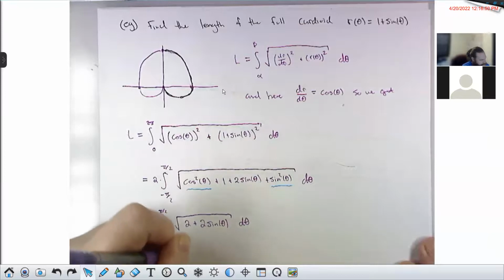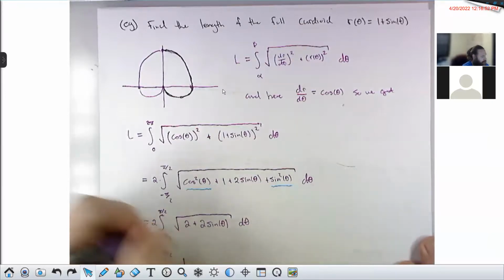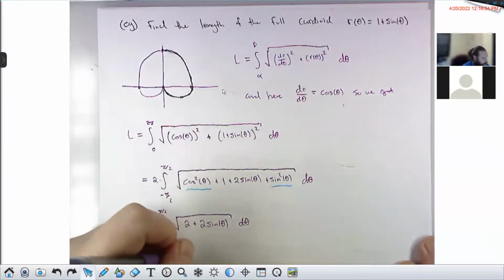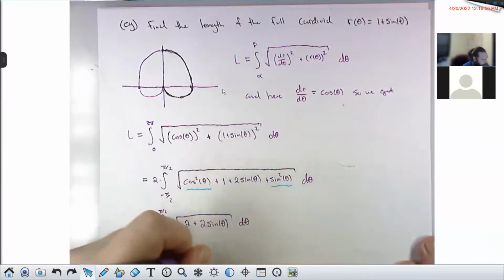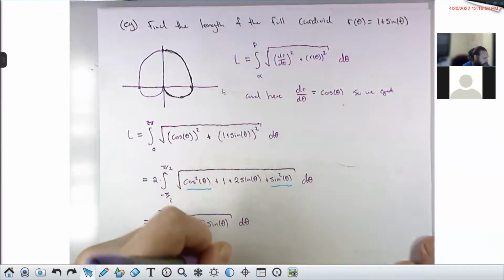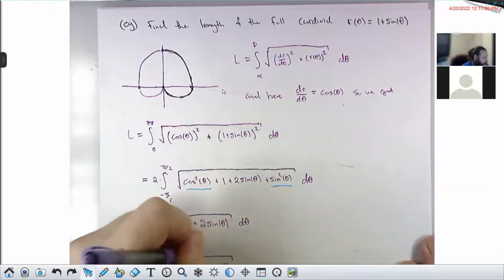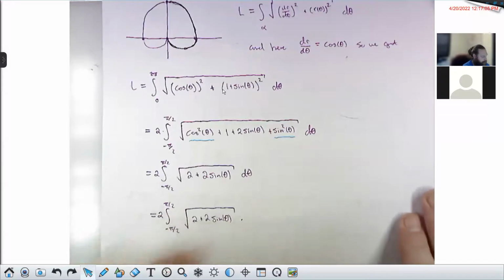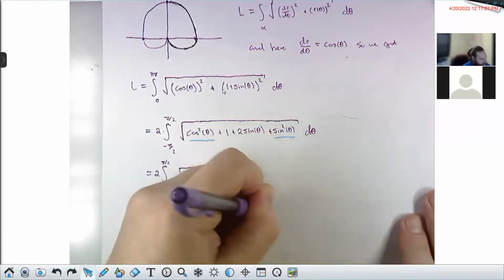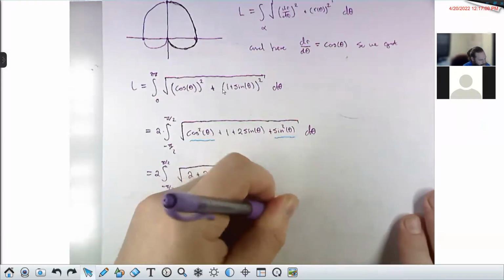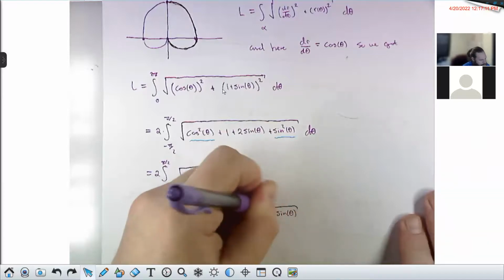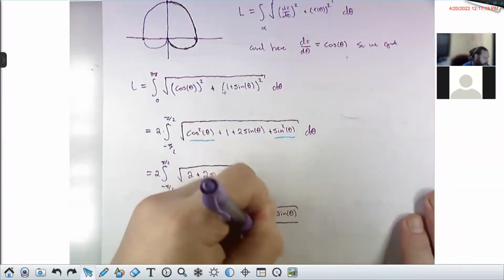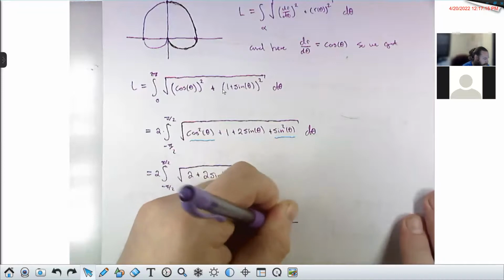This is 2 plus 2 sine theta. I'm going to multiply by the conjugate of this expression, top and bottom. So that'll be the square root of 2 minus 2 sine theta. And if I multiply by that upstairs, I have to multiply by that downstairs.